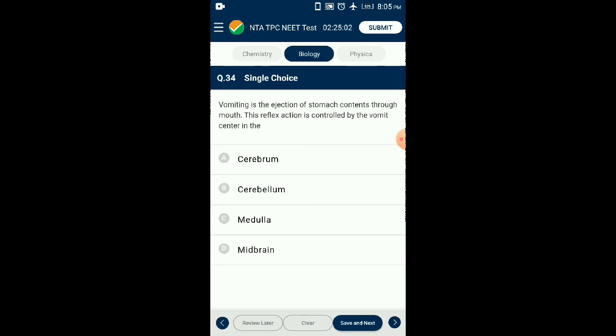It is a reflex action, an involuntary and instant movement in response to stimulus by the central nervous system. The center which controls the action is located in the medulla oblongata of the hindbrain. So the answer is option C, medulla.